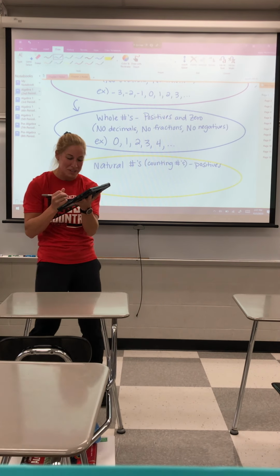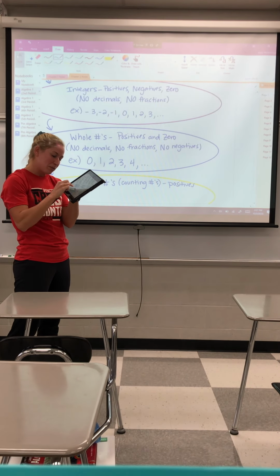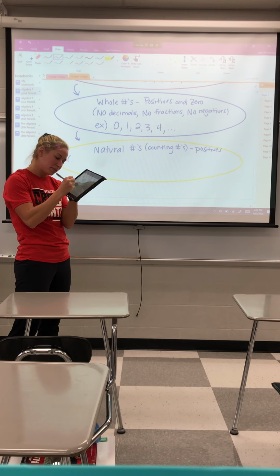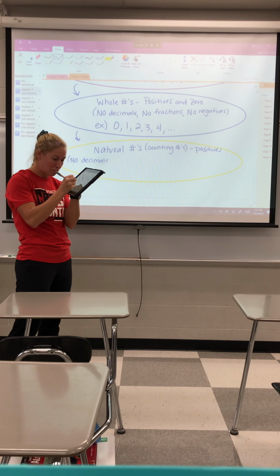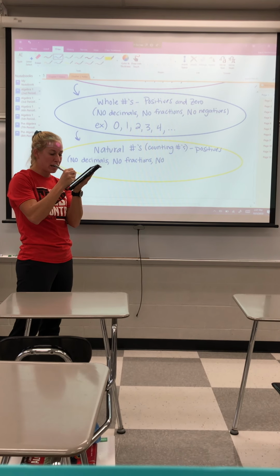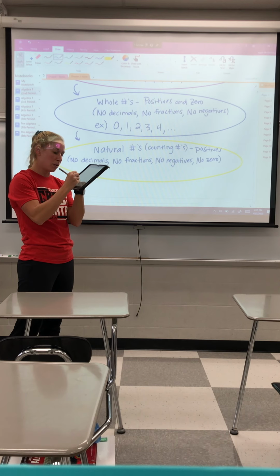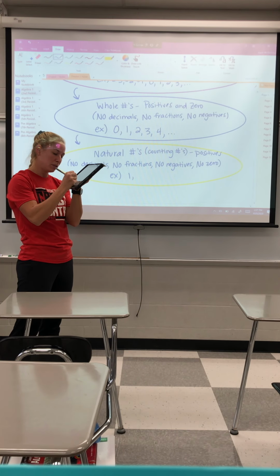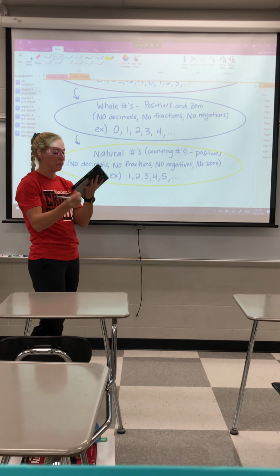We'll start with those whole numbers. All right, so no decimals, no fractions, no negatives, and no 0. So you just start with 1, 2, 3, 4, 5, etc. Okay?